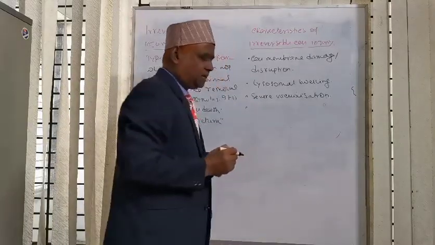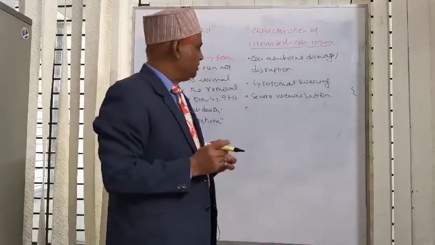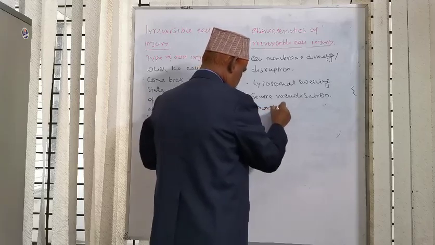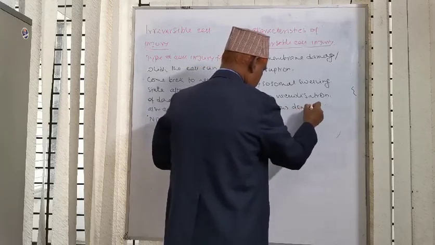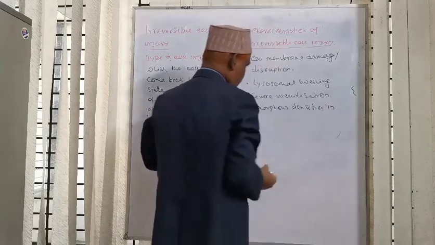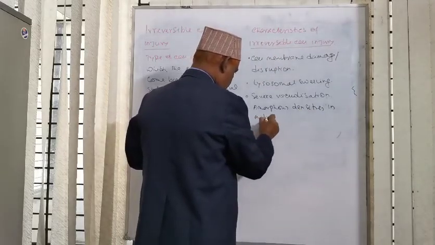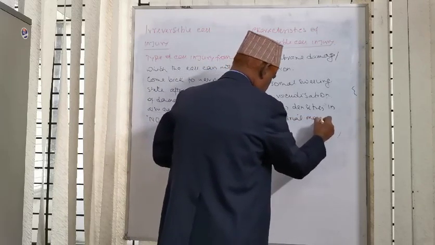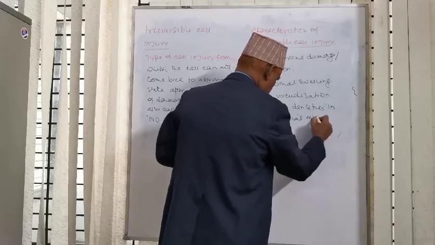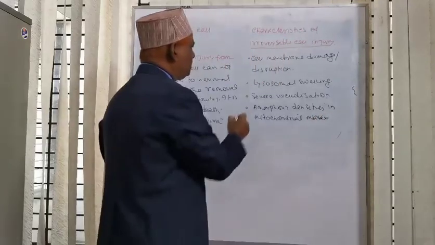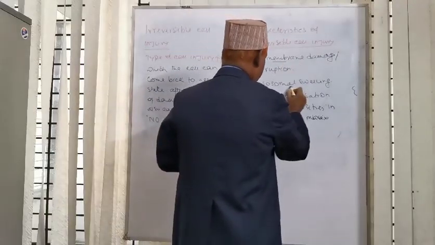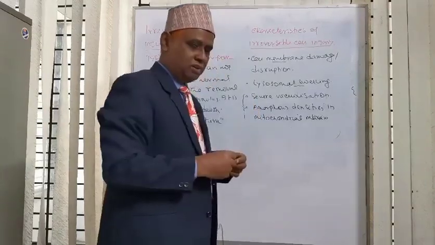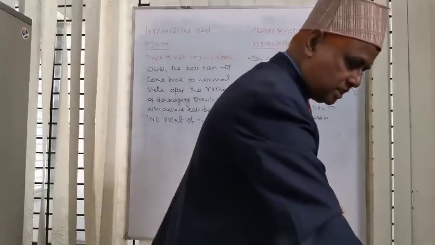Another one, there are amorphous densities in the mitochondrial matrix. So, if there is cell membrane damage, lysosomal bag swelling, and dysfunction of the mitochondria, definitely the cell undergoes irreversible injury. This is nothing but cell death.